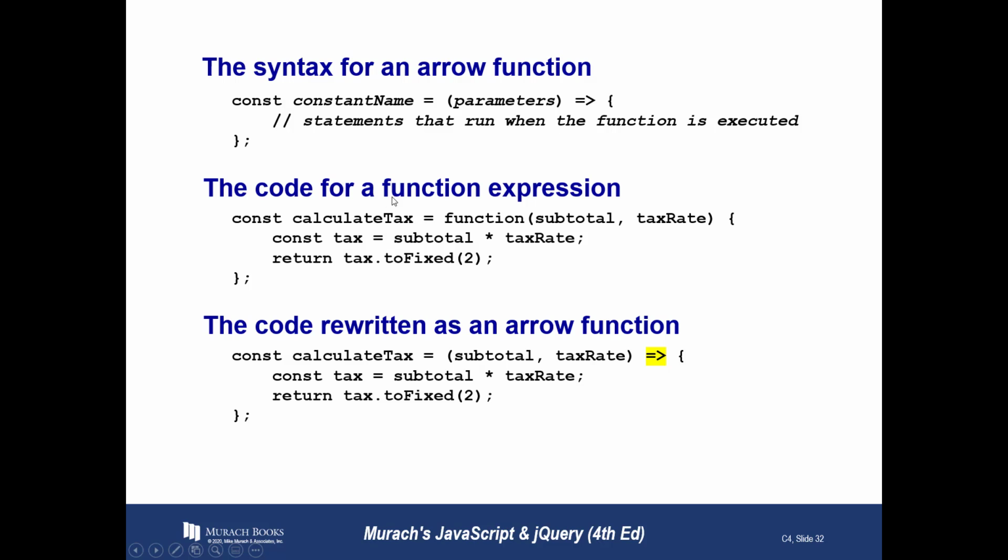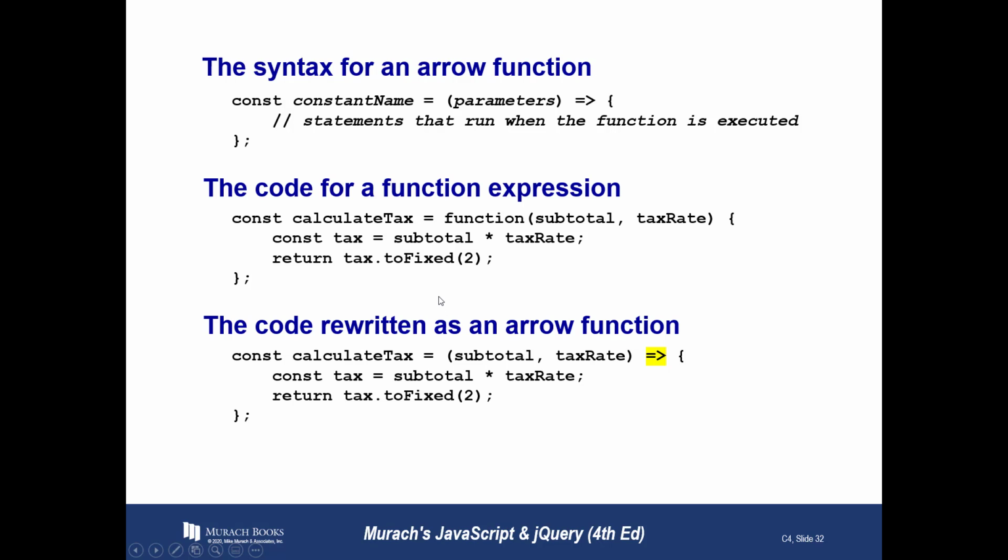In the first case, this is a function expression. In the second case, this is a fairly new JavaScript feature called an arrow function, sometimes called a fat arrow. It's an equal sign followed by a greater than sign. It has to be in that order. They do the same thing. So what's the advantage of this one versus this one? It's a little bit briefer, more brevity.